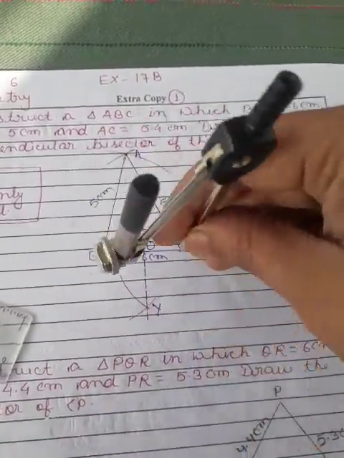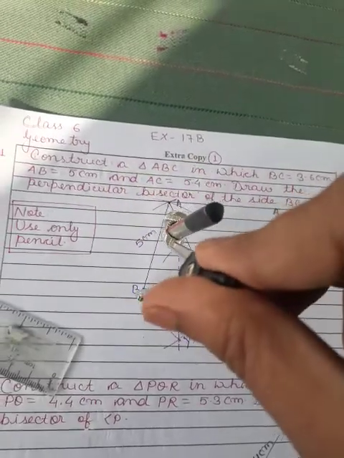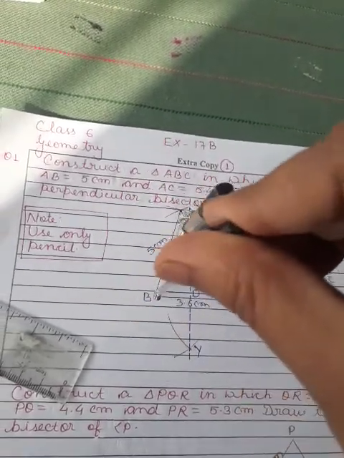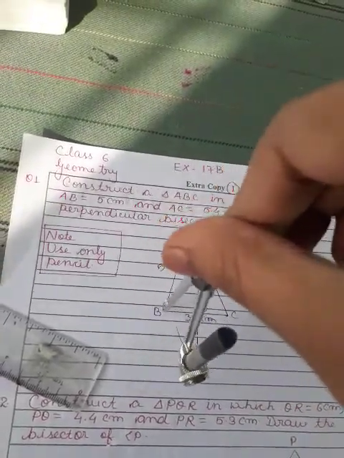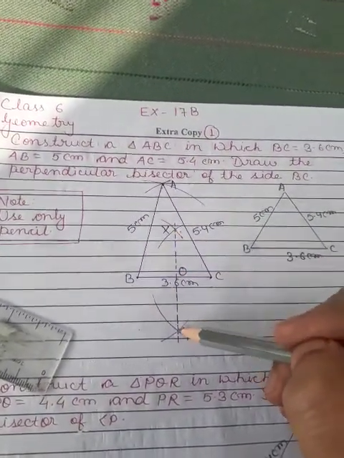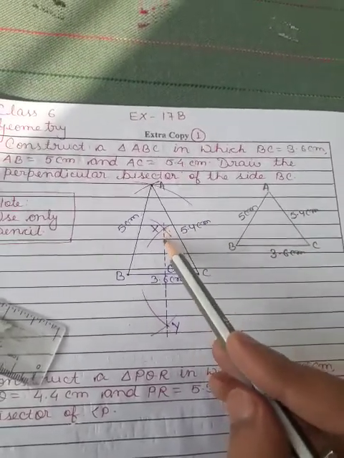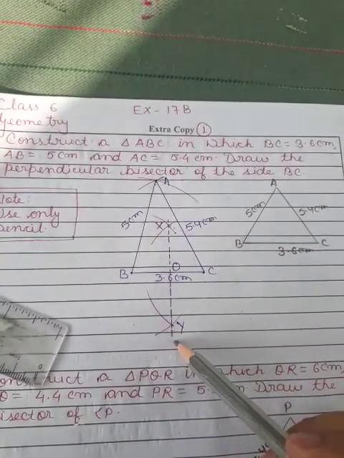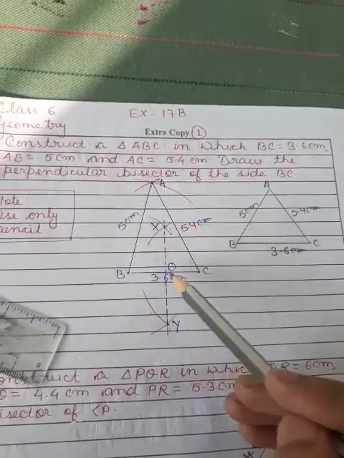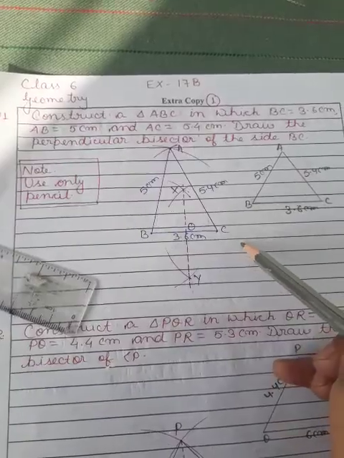Cut one time up and cut one time down, and then put on C and cut one time like this and one time like this. Then join these 2 points with a dotted line, and this becomes our perpendicular bisector of side BC, and then put the values according to the question. So this is question number 1.